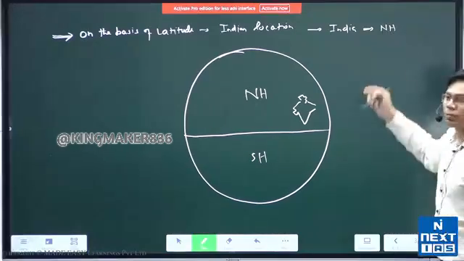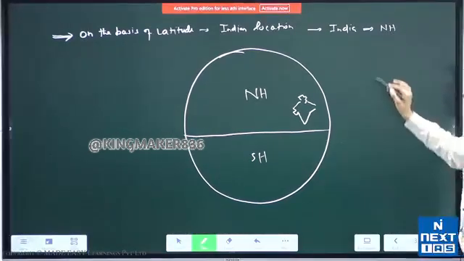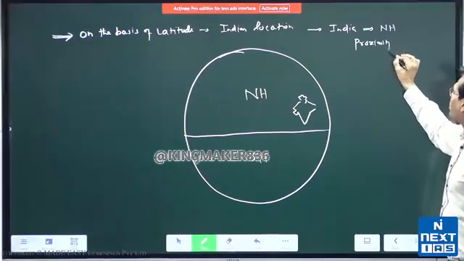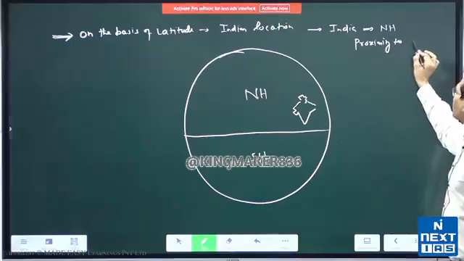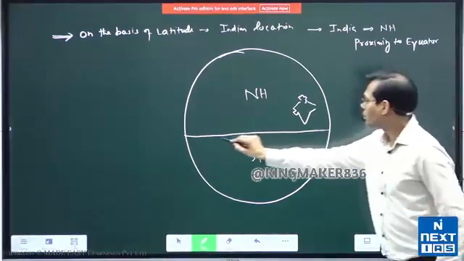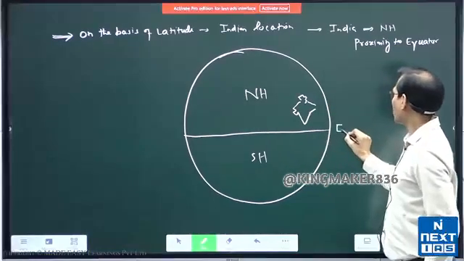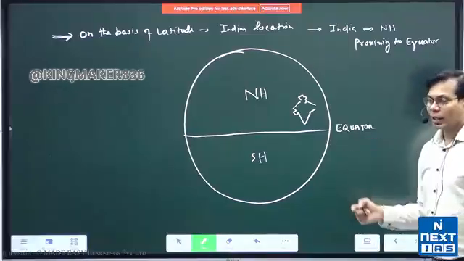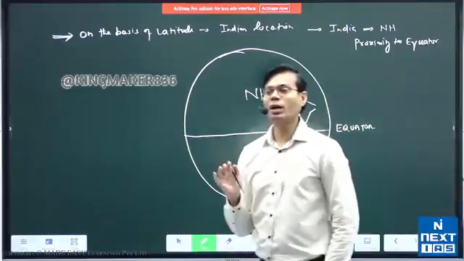We can make a crisp, concise note: a part of the northern hemisphere. It is enough. And proximity to which line? Proximity to the equator. This line is which line? Equator. What is the relevance of the equator? Dividing the globe into equal halves.